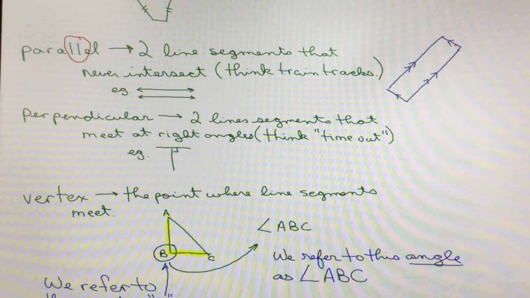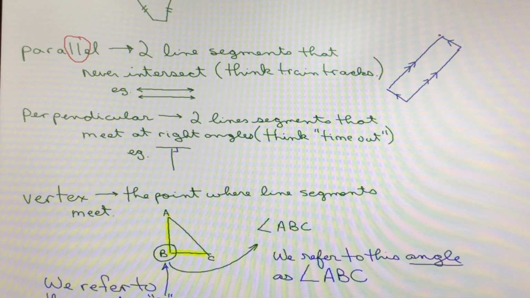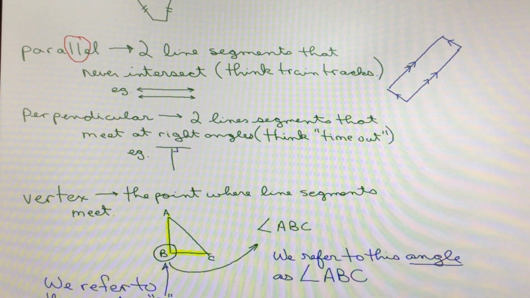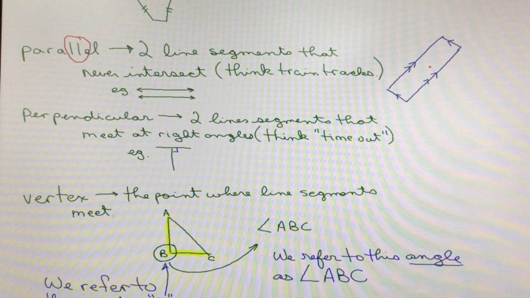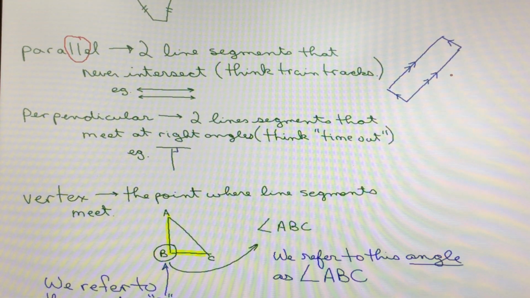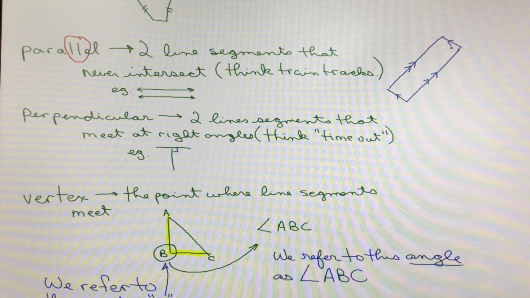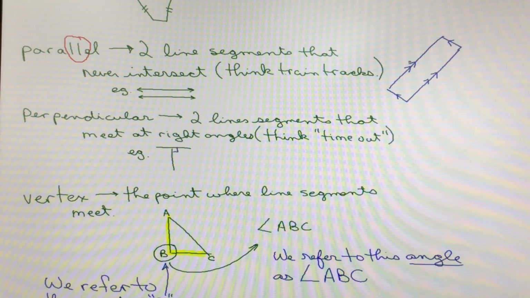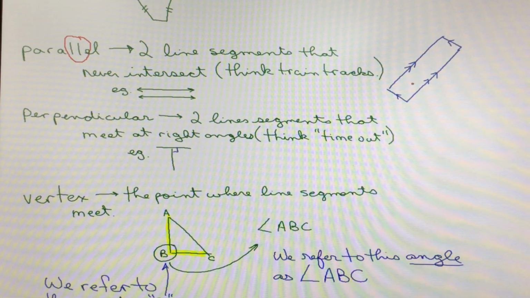This arrow here and this arrow here mean that that line and that line are parallel. And these two arrows and these two arrows mean that those two lines are also parallel. We put one here and two here because that line with the one and that line with the two are not parallel. The two and the two are parallel, the one and the one are parallel.